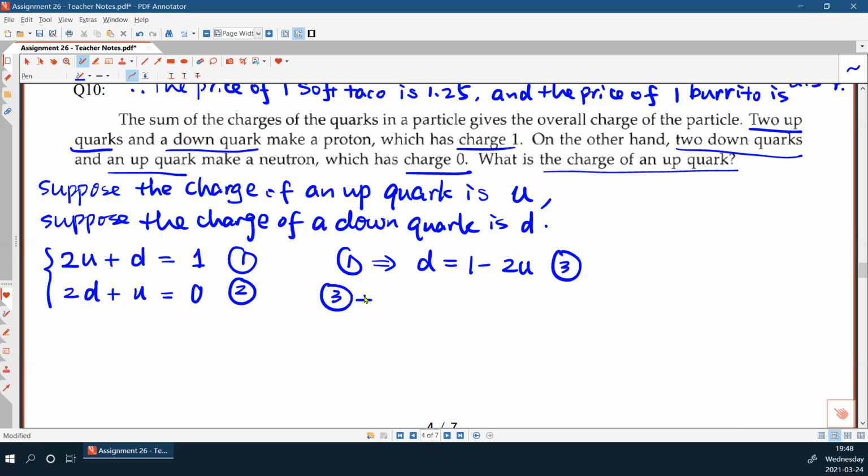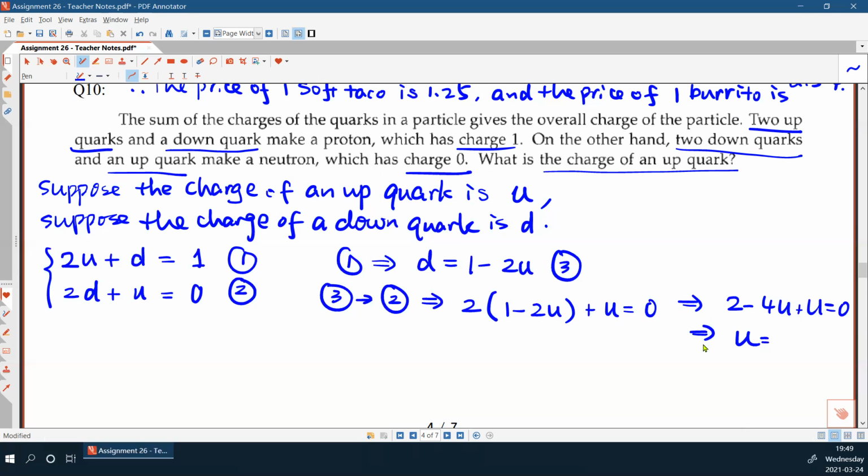Then you can put equation 3 into equation 2, and this will give you 2 times D, which is 1 minus 2U, plus a U equals 0, okay? Okay, so that means 2 minus 4U plus U equals 0. So what is U here?